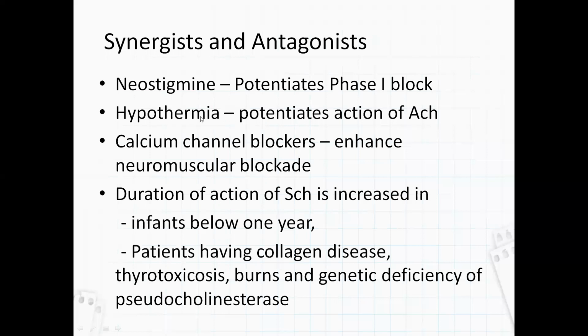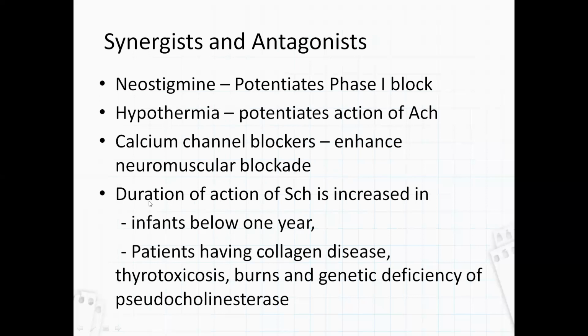Hypothermia: in hypothermia conditions, it normally potentiates the action of acetylcholine. So in phase 1 block, it might act like succinylcholine itself. So hypothermia potentiates the action. And calcium channel blockers also enhance neuromuscular blockade.